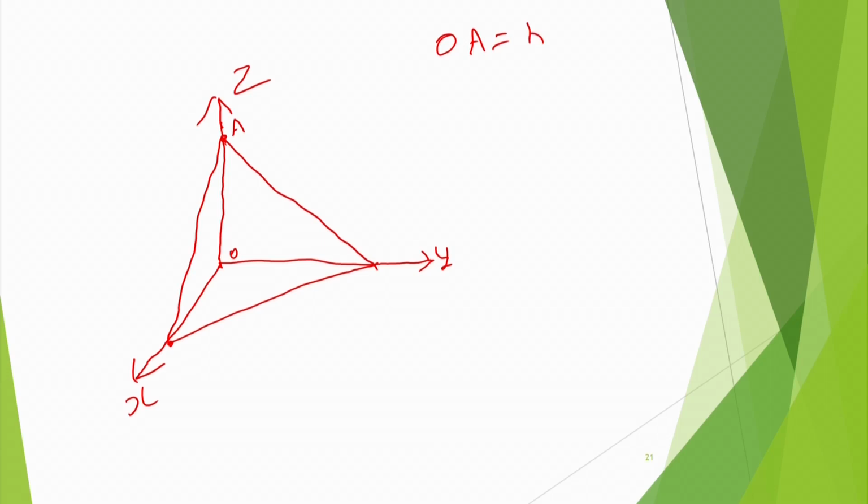So in this xz plane, you have this type of concept, that suppose this projection was A, that means this length was A and this length was B. So let us say OB was equal to A and this was equal to B. In that case, what would have happened?